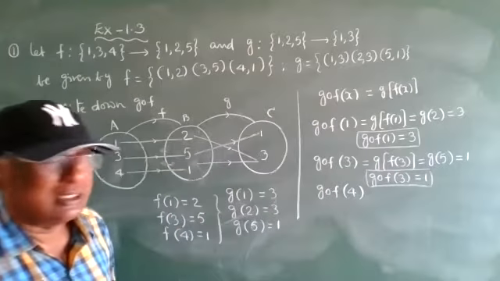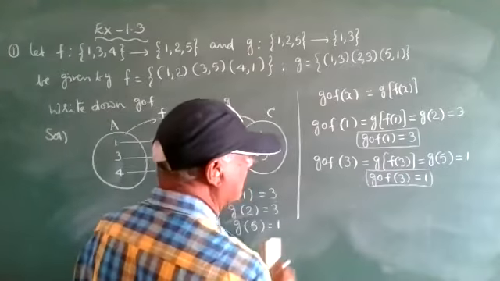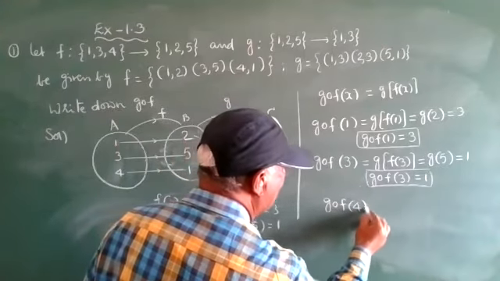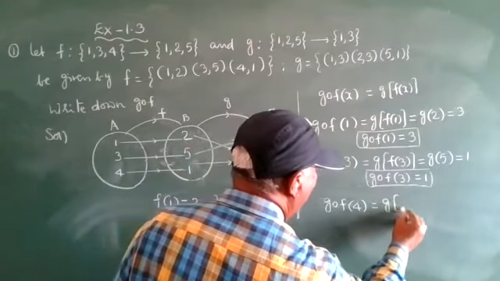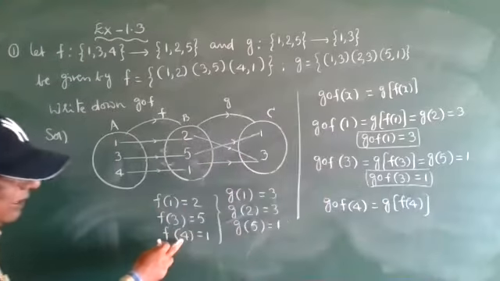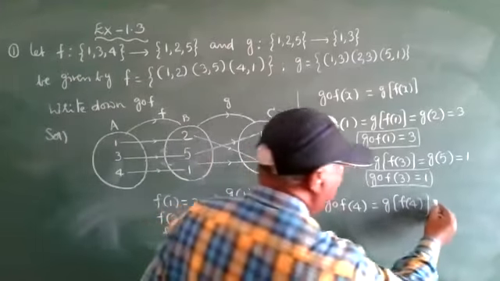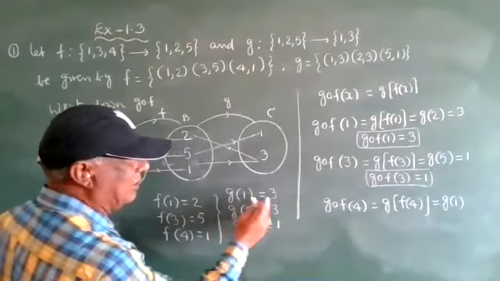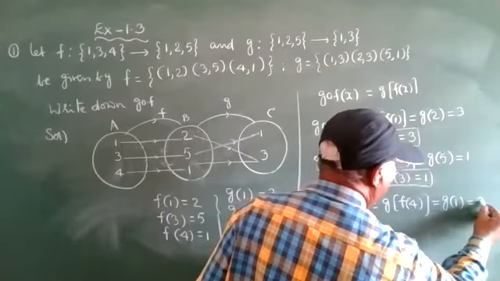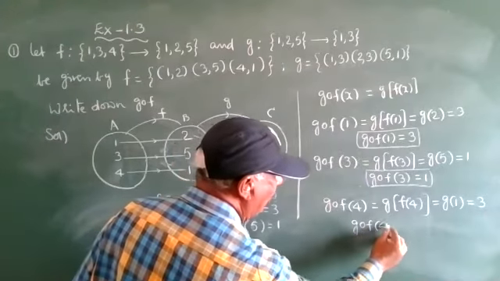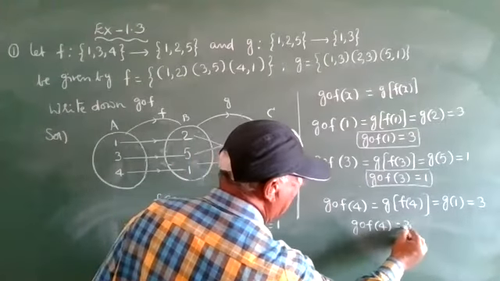Everyone, now G circle F at 4, that is G of F of 4. What is the F of 4 value? See at the bottom, F of 4 value is 1. G of 1 value is 3. Therefore, G circle F of 4 image is 3.